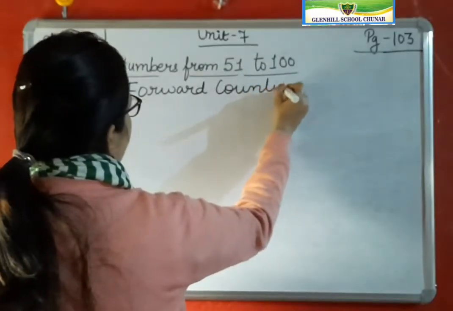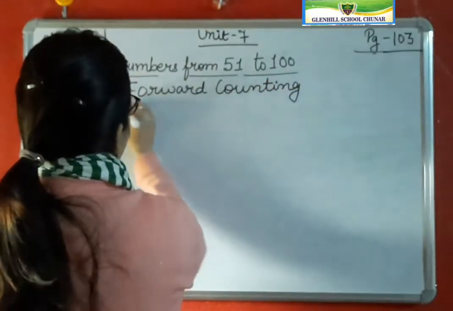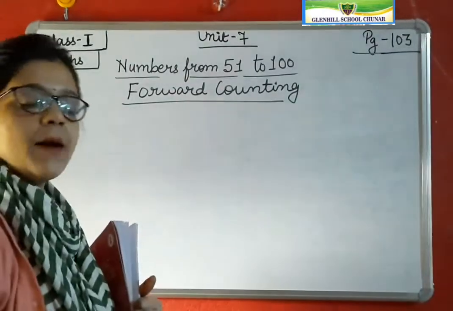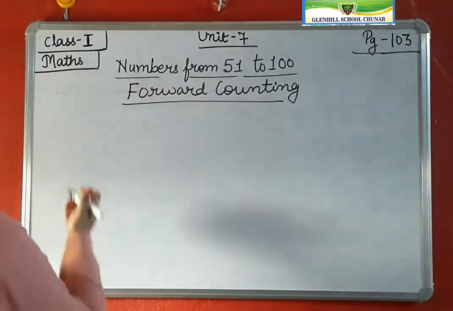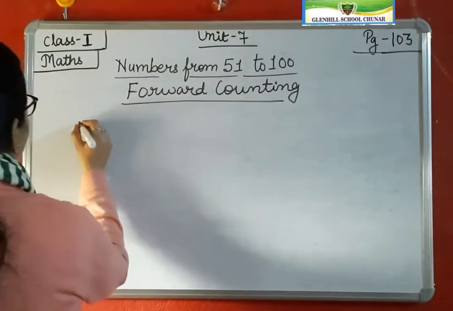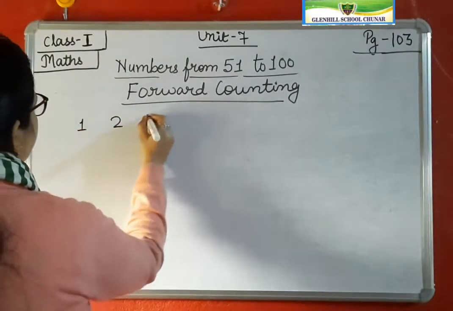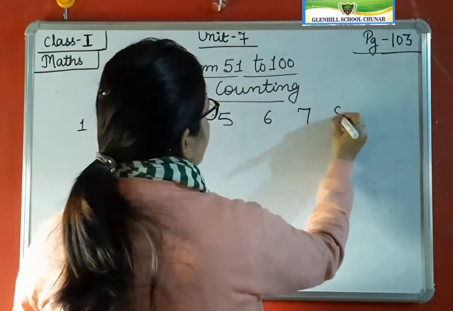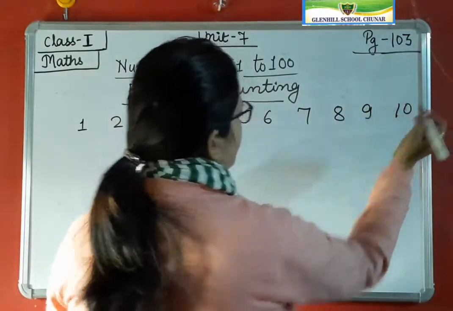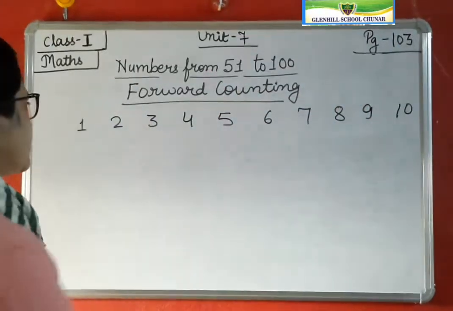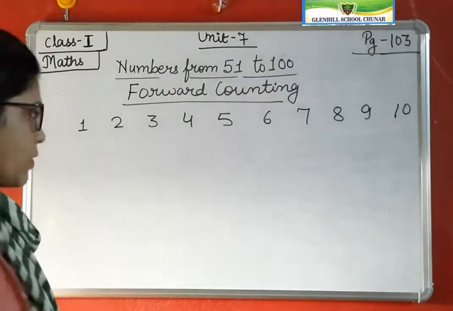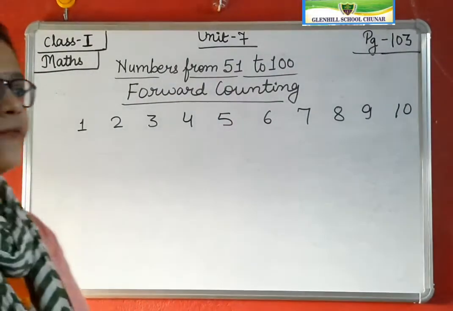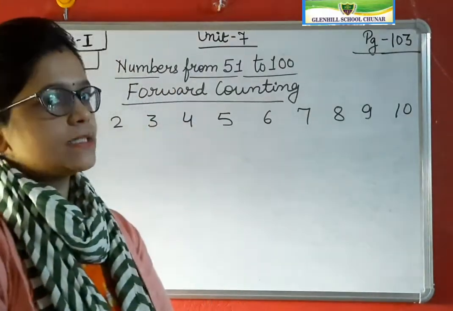Forward counting. It is revision. You have studied forward counting and backward counting in class UKG. So once again do the revision. See here, 1 2 3 4 5 6 7 8 9 10. So this is forward counting. You have to complete this forward counting up to 100 and it is given in your book.